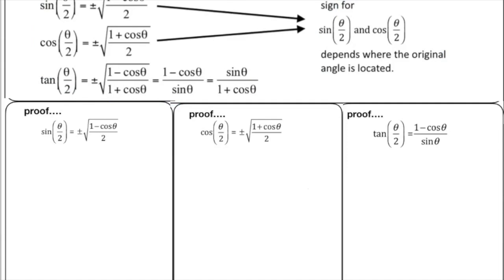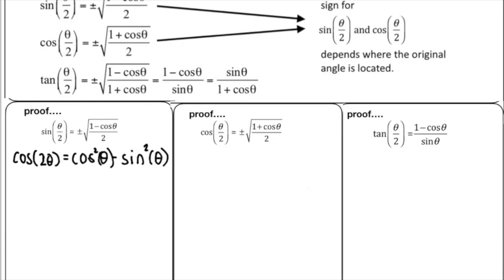What we're looking at is the way that these are commonly proved out. It sounds like a bizarre first step, but we start off by using the cosine double angle, where we know that this is going to be cosine 2 theta equals cosine squared theta minus sine squared theta.